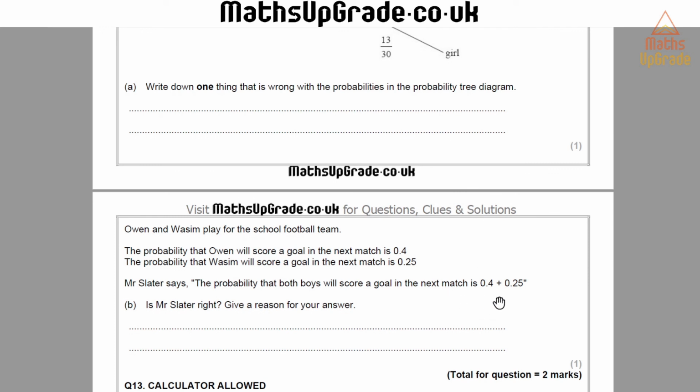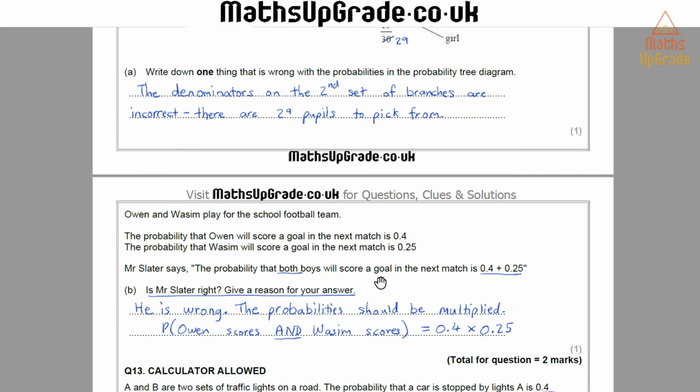So he's wrong, since he's actually added up these probabilities, right? So he's found the probability of Owen or Wassim scoring, right? What he should have done is multiplied. If he multiplies, then that gives the probability of Owen and Wassim scoring, which is 0.4 times 0.25, which would be 0.1. That question there was 1 mark.